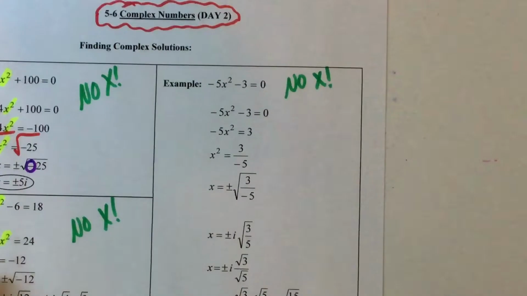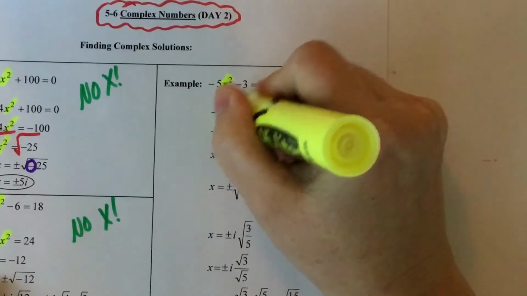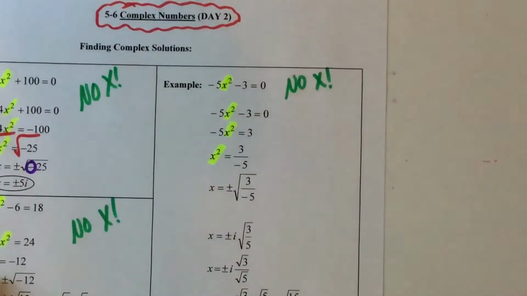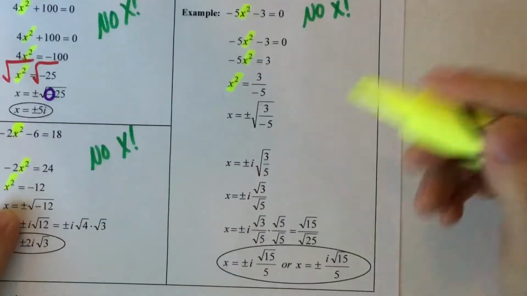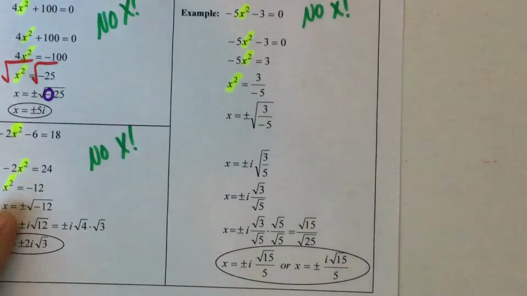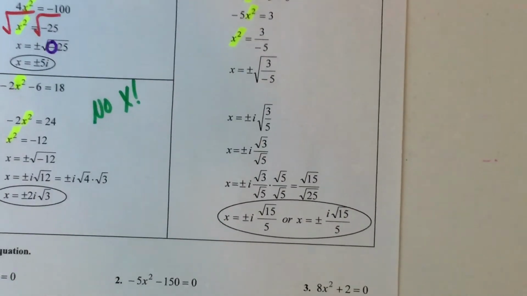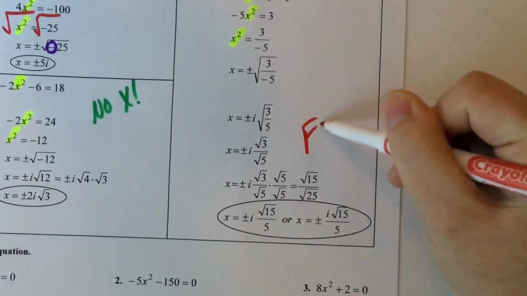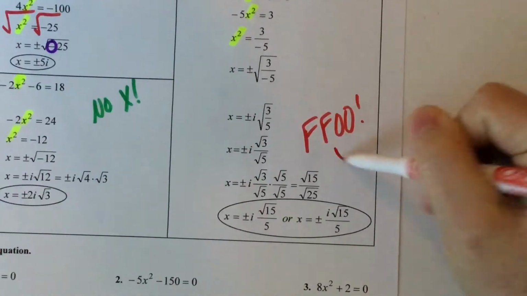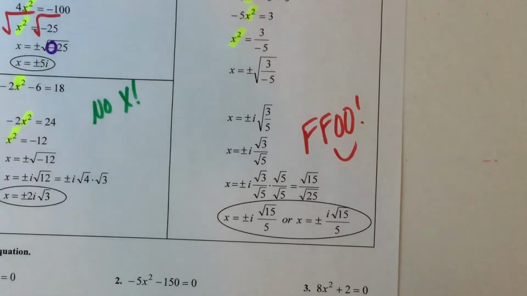And this one, once x squared finally got by itself and we square rooted both sides, we ended up with a square root in the denominator, which you can't have. So this problem dealt with our fancy form of 1. So we're going to see a mixture of these as we go through our examples today.